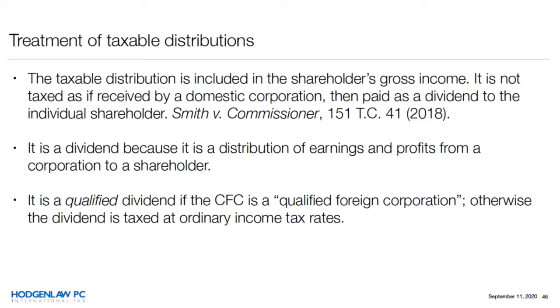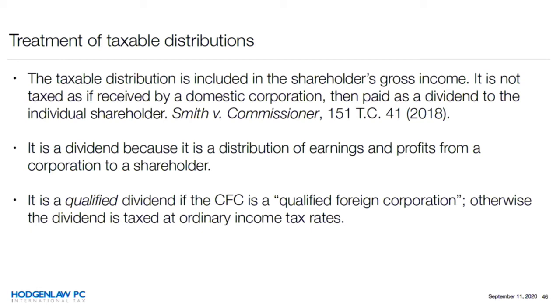Just to be clear on this, the distribution from the controlled foreign corporation to the shareholder is treated as a legit distribution, a dividend from the controlled foreign corporation to the shareholder. It doesn't go through the funny stuff of Section 962, where we pretend it was received by a domestic corporation in computing tax liability, because it doesn't say so. And there's a recent tax court case that says as much.